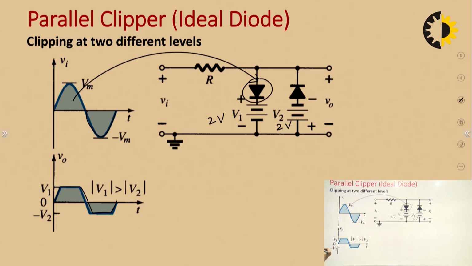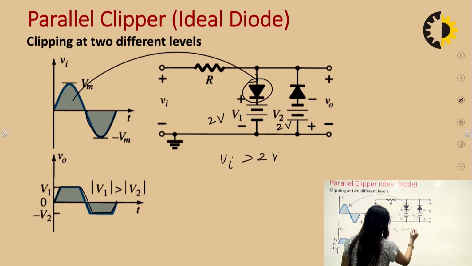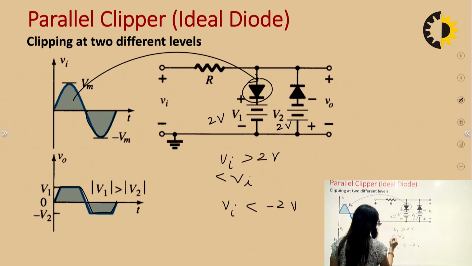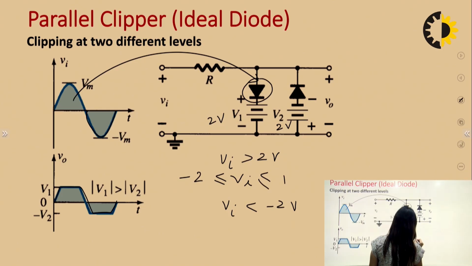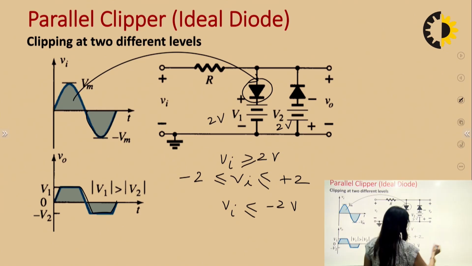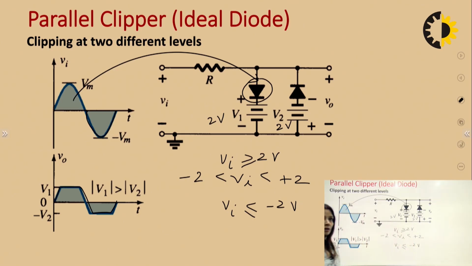You make the cases and solve for the positive half of the cycle and the negative half of the cycle, for above +2 and below -2. There are 3 cases: Vi greater than 2 volt, Vi less than -2 volt, and Vi in between. Like this. If you want, you can do that for reverse also in this way, right?